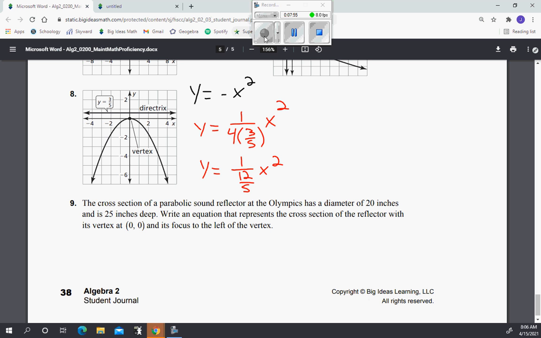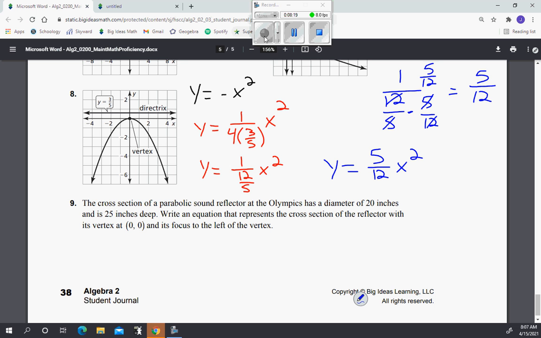I'm going to deal with that fraction off to the side, and multiply by the reciprocal on top and bottom. We get 5 over 12. So y equals 5 over 12 x squared. Okay, now the book wants to solve for x squared. They just want to get x squared by itself.